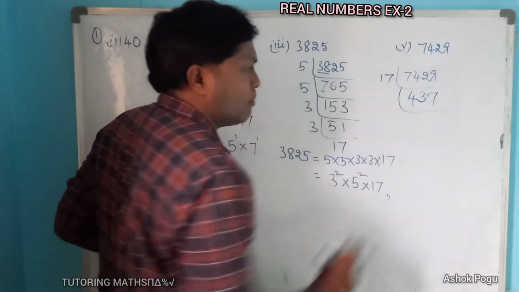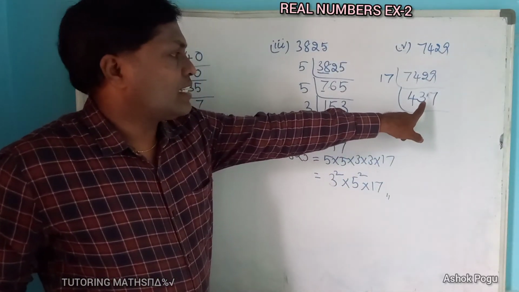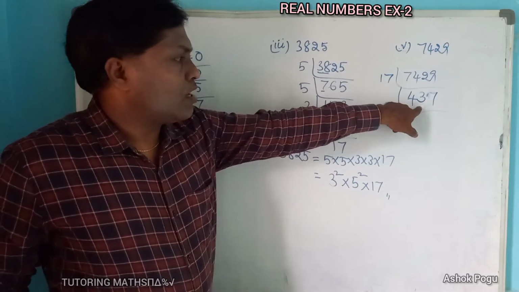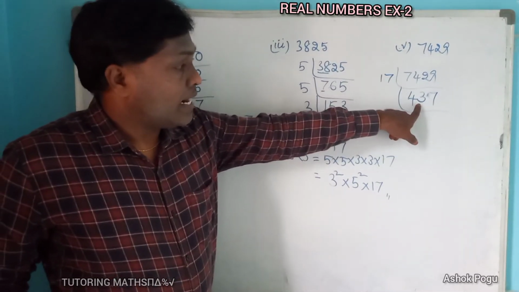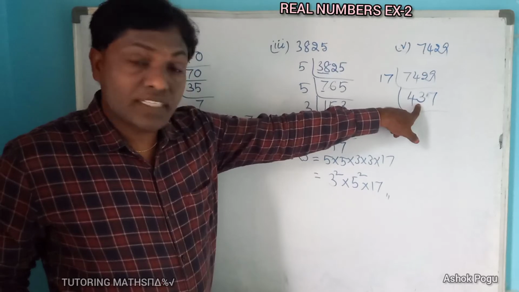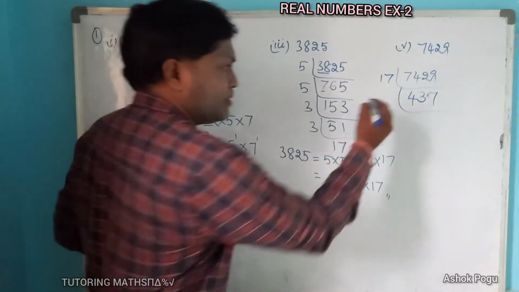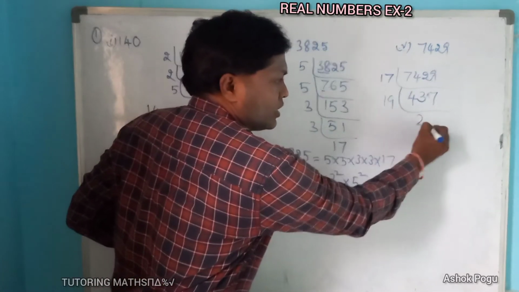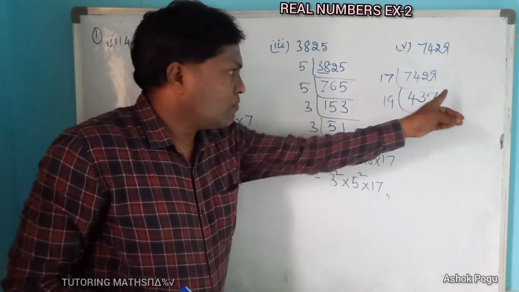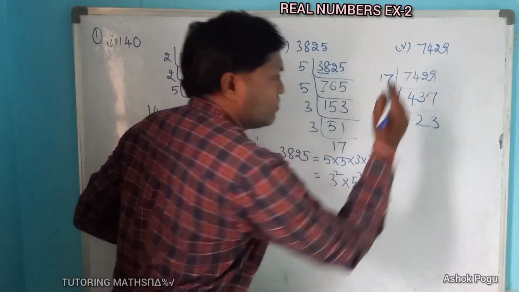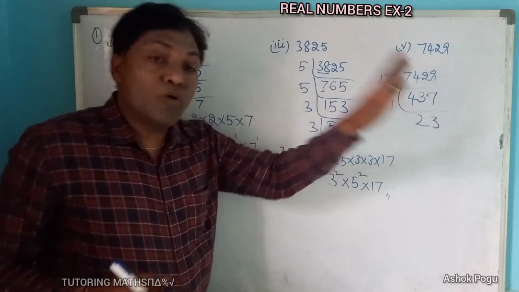Now which table is possible next? Once again, 17 is not possible. Check 19. 19 ones are 19, 19 twos are 38, 5 is left, 57. 19 threes are 57. Now we have got one more prime number.